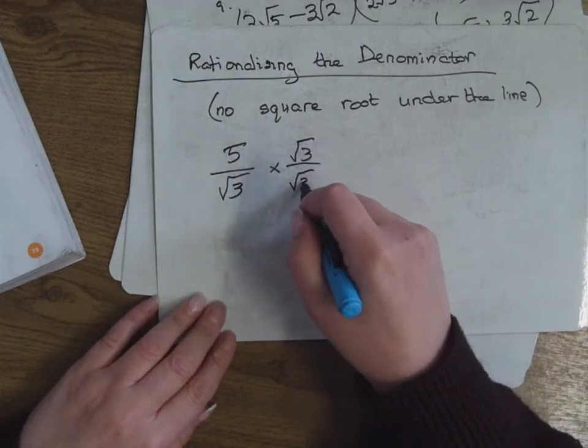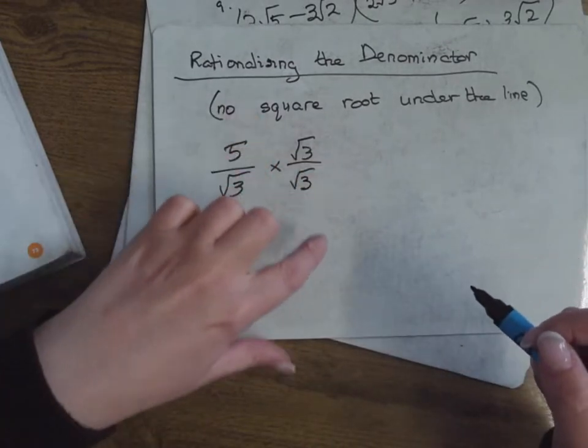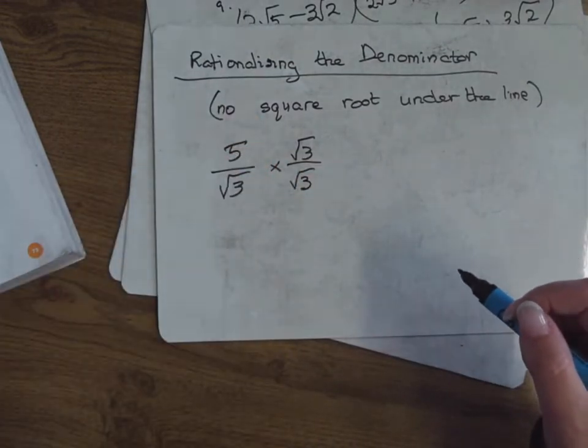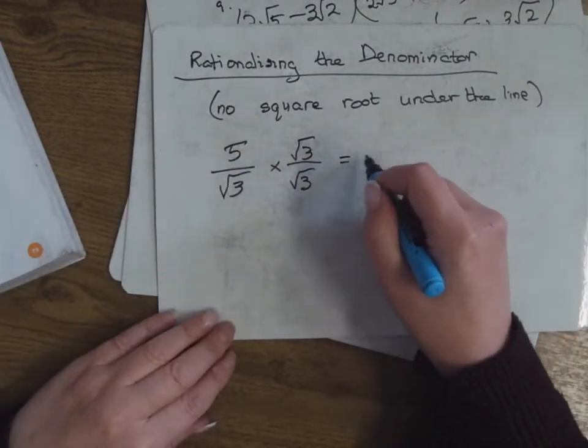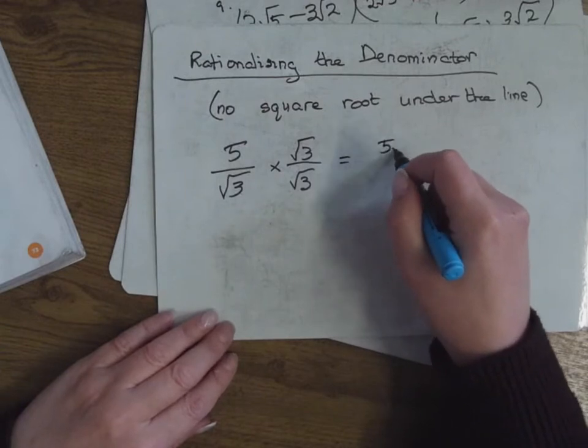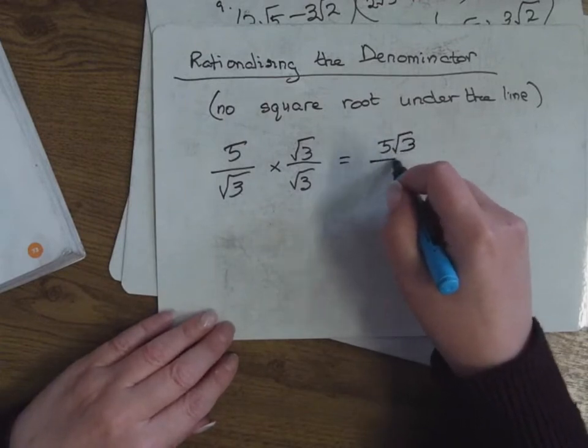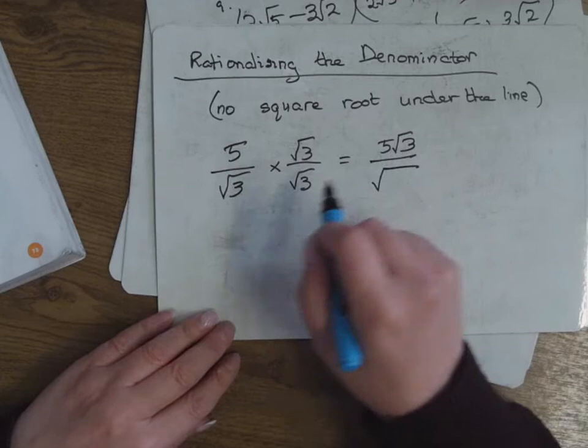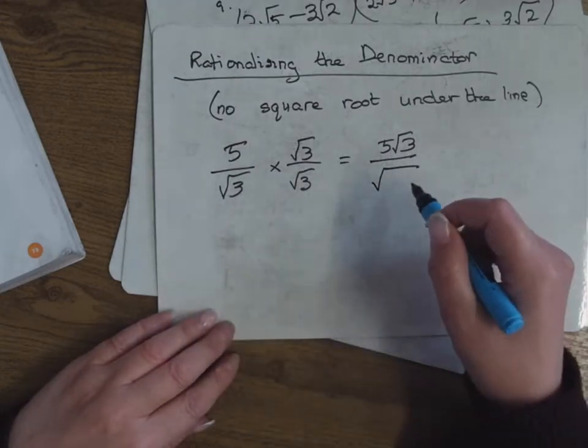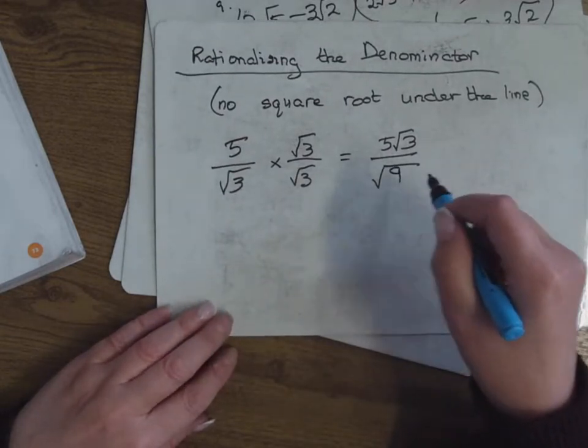So you're effectively multiplying by 1, because root 3 over root 3 is 1. Above the line I'll have 5 root 3. Below the line I multiply the numbers and put the answer under a square root sign.